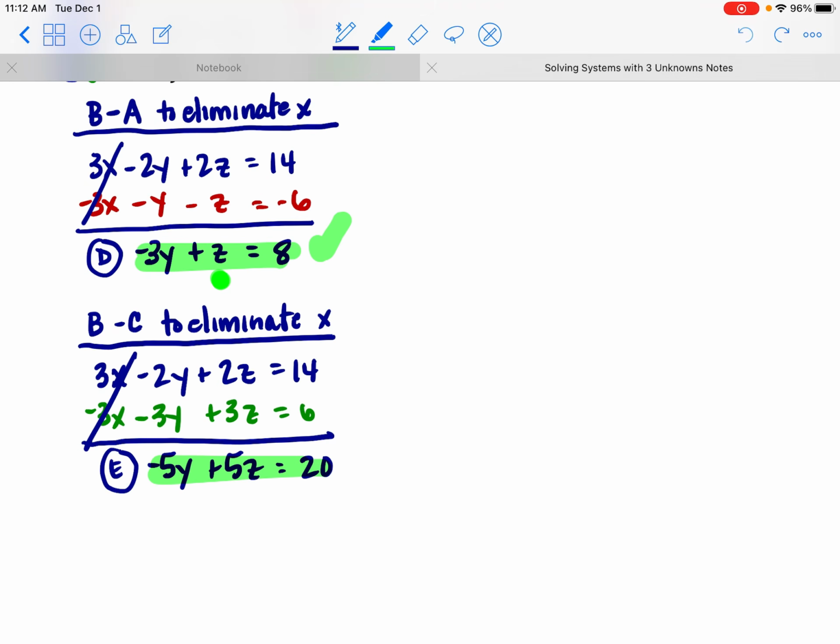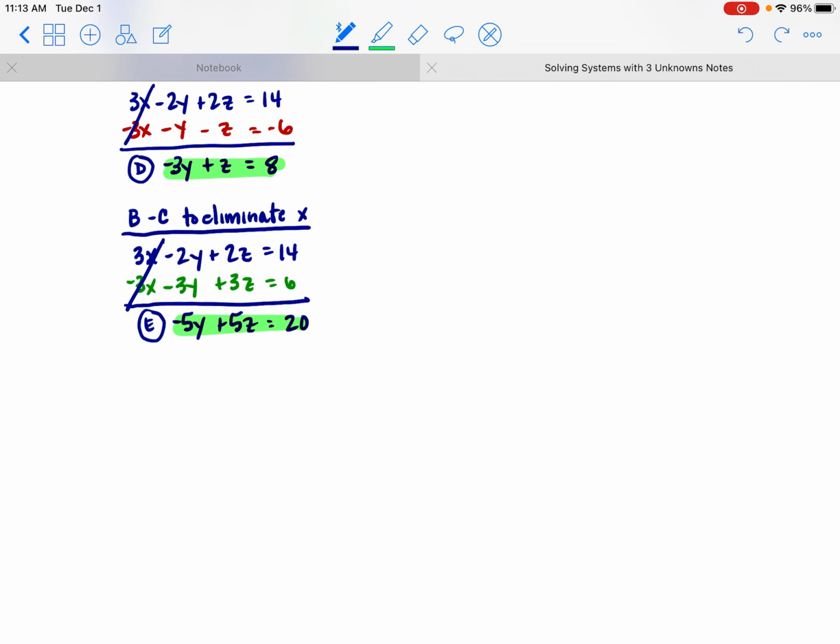So just so I can again be organized with my work, I'm going to label exactly what I'm doing here.